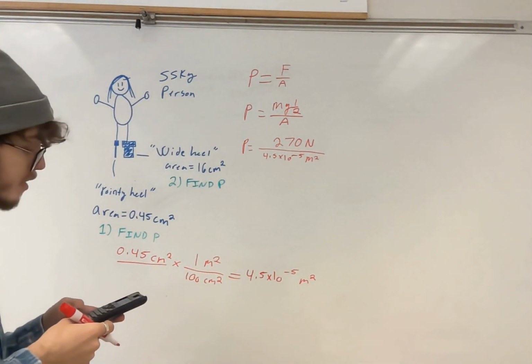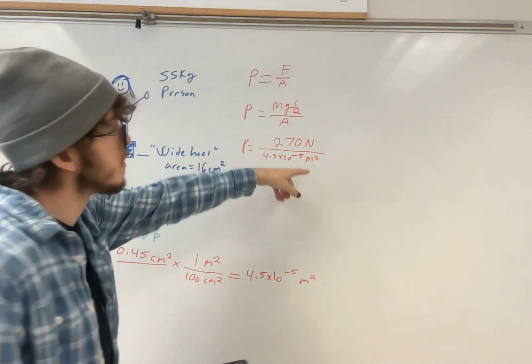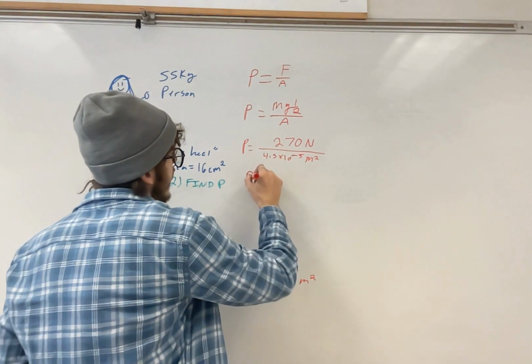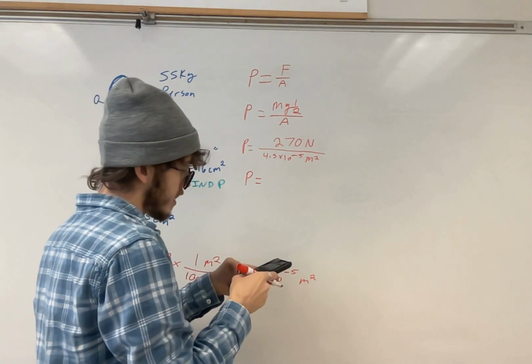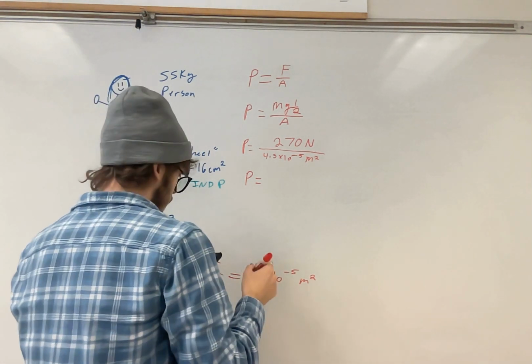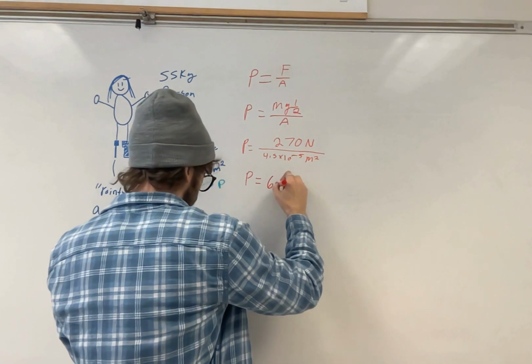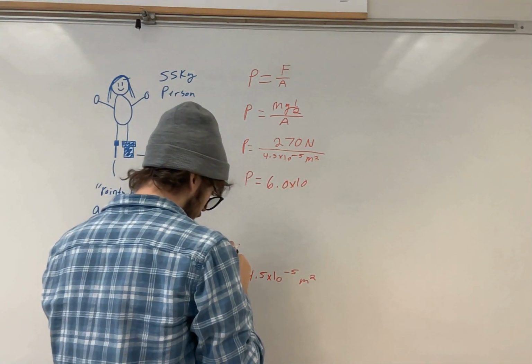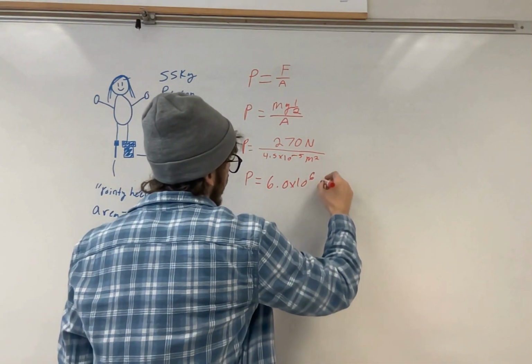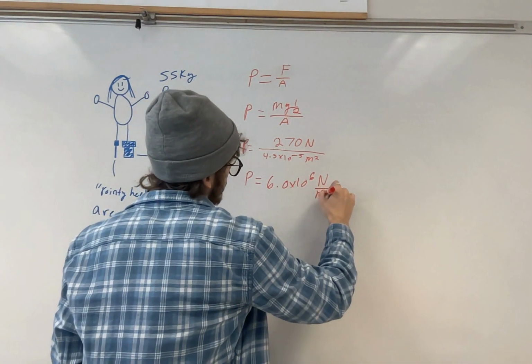Okay, so we take 270 newtons. Notice how it's newtons over square meters. That's going to give us exactly pressure. So you take 270 divided by 4.5 times 10 to the negative 5. We get that the pressure bearing down is 6.0 times 10 to the 6 newtons per square meter.